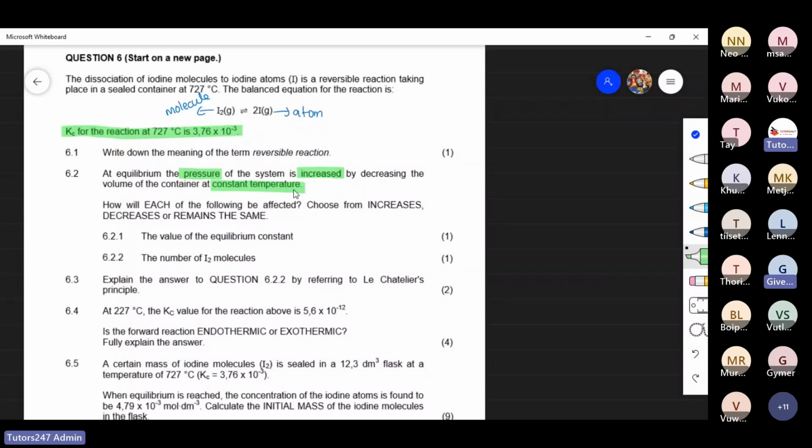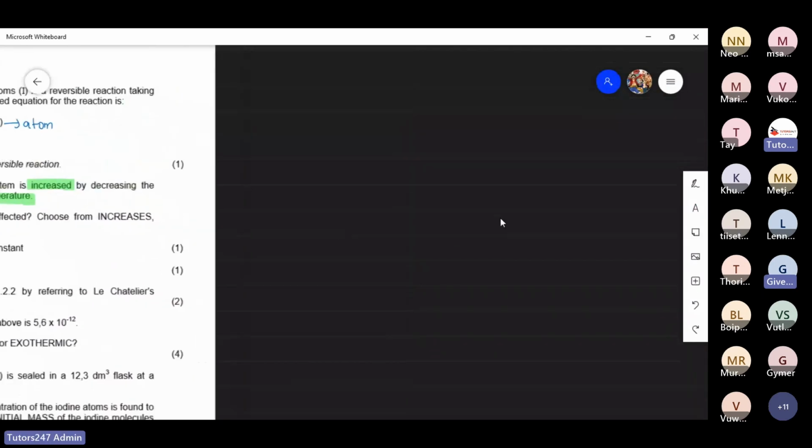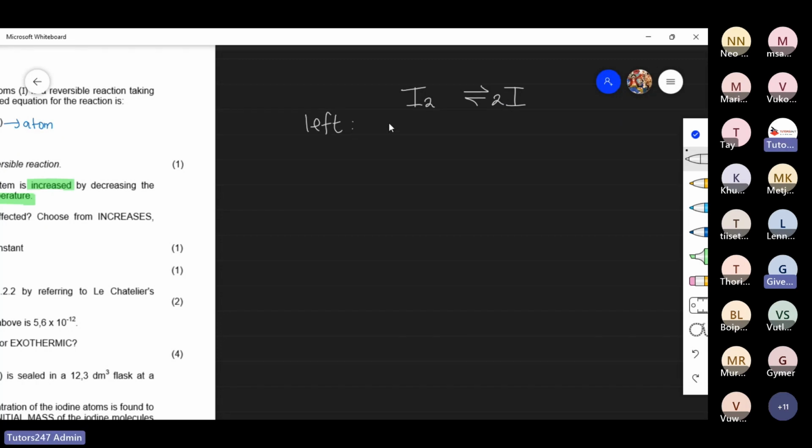Before we start with this question, let's write out our equation and discuss our number of moles on both sides. Our equation is I2 produces 2I, balanced by putting the 2. On our left we've got 1 mole, and on the right we've got 2 moles.